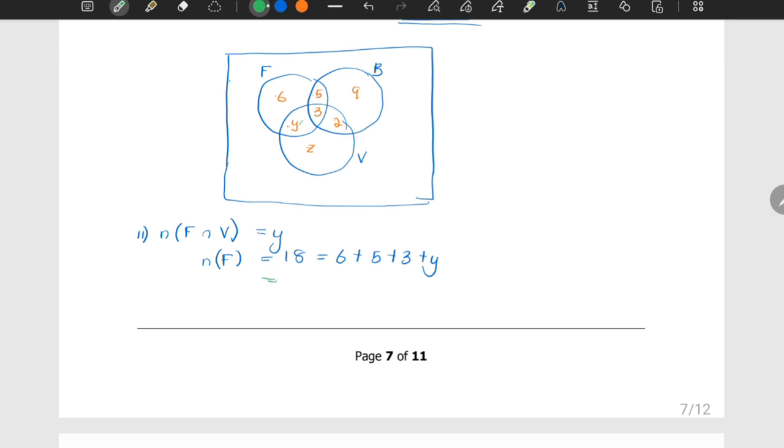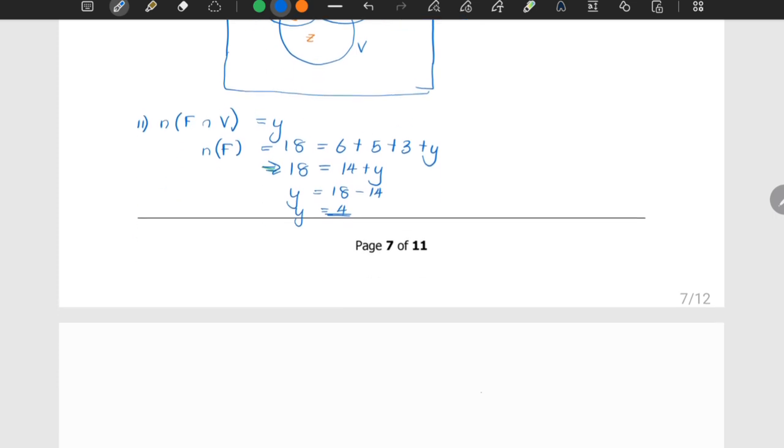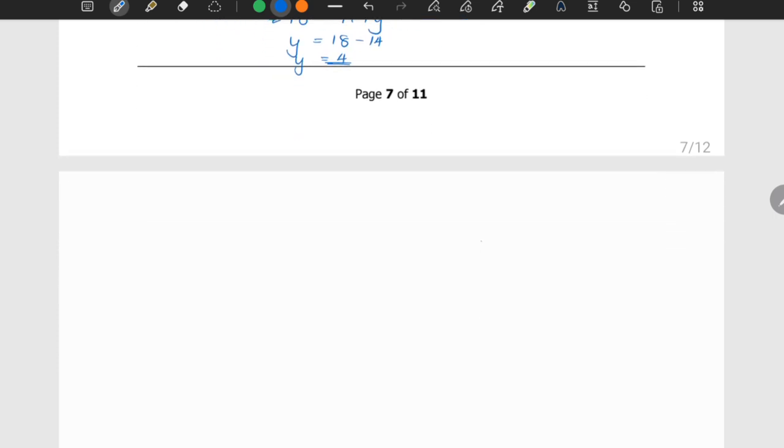So 18 will be equal to 6 plus 5, that is 11, plus 3, that is 14. So 14 plus y. Y will be 18 minus 14, so y will be equal to 4. So 4 is the number of those who play football and volleyball.